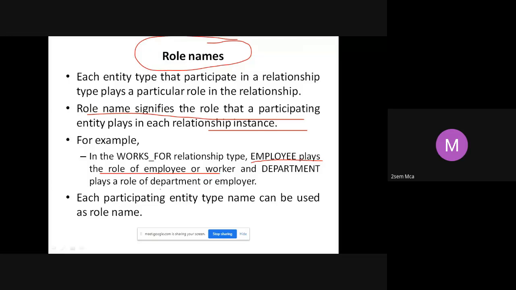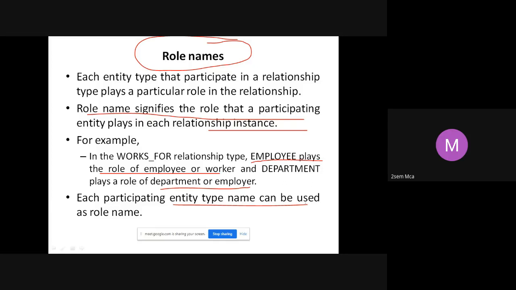And department plays the role of department or employer, right? So it's understood. That's the reason we don't write the role names. The participating entity type name itself can be used as a role name. But in certain cases, role names become important. Where it becomes important, we'll see that.